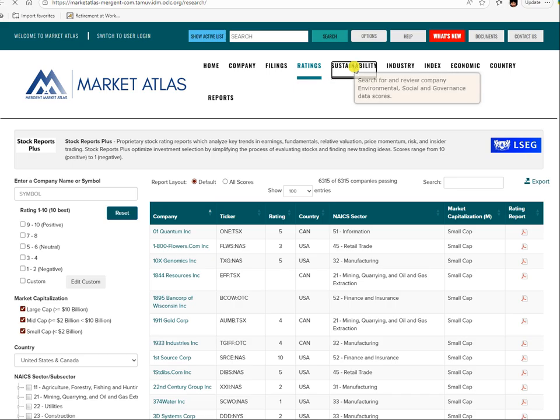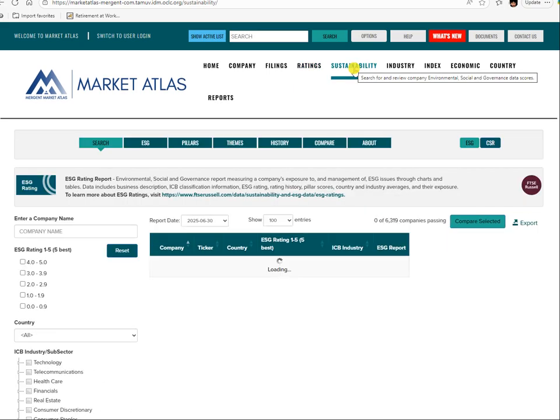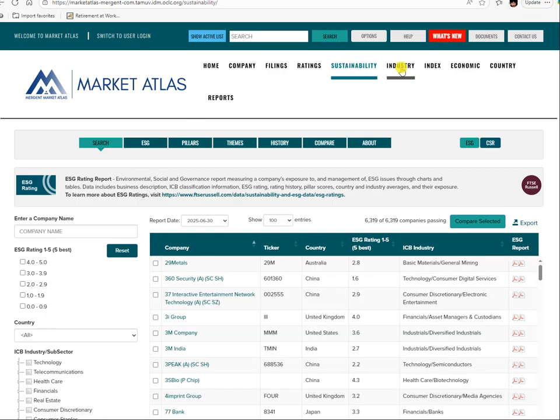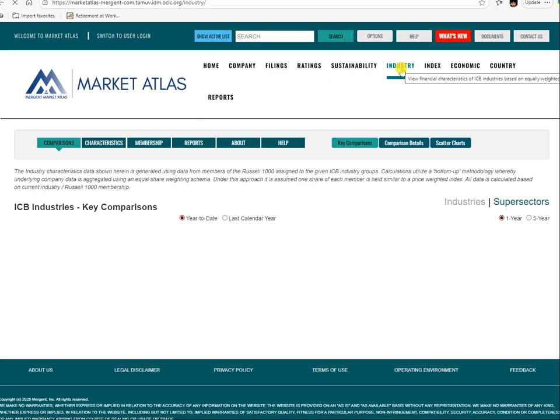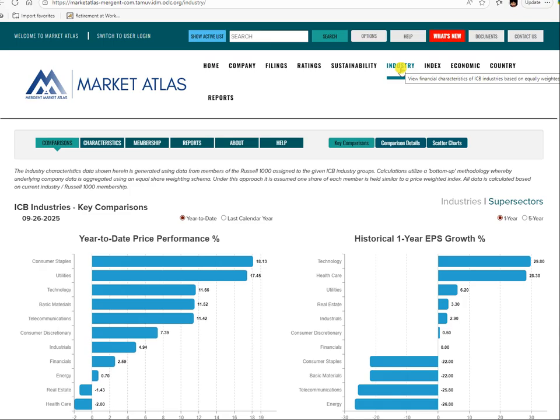And you can check the sustainability disclosures and reports for all companies. And you can view industry comparisons.